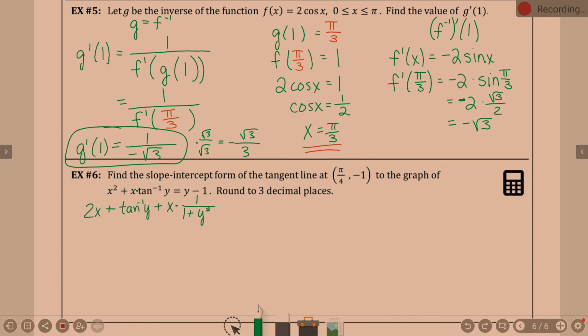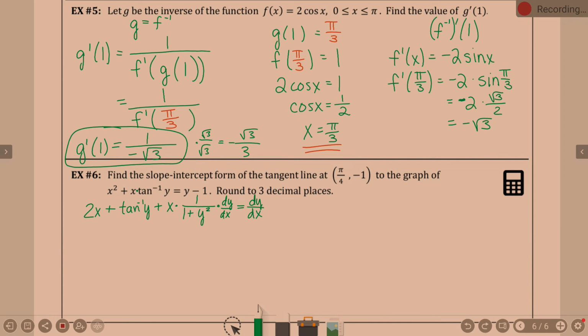Since we just did the derivative of a y thing, though, we're going to now say times dy dx equals the derivative of y on the other side, dy dx minus the derivative of 1 is 0.